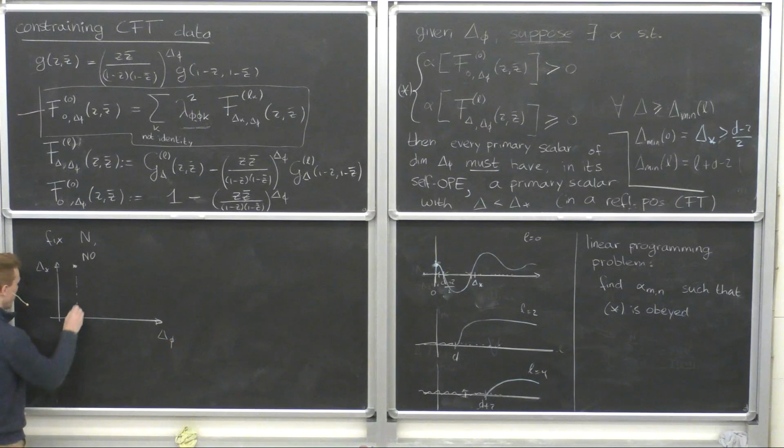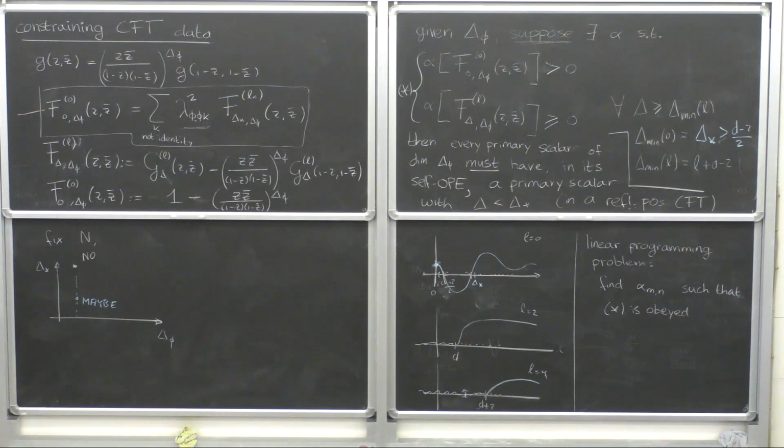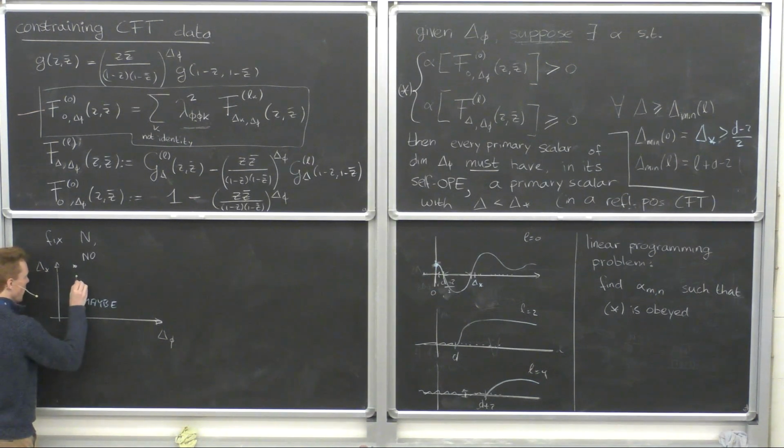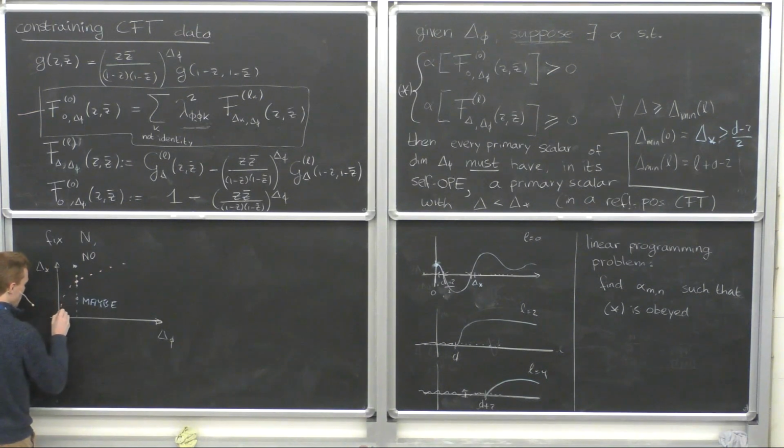And then you say, okay, good. And then you lower delta star, and the computer says, here I cannot find a functional with the n that you gave me, so it's a maybe. It's not a yes, because I have a finite dimensional constraint space. Then you just do this binary search up until, for fixed n, you find some optimal value delta star. And then you repeat this game for a bunch of values of delta phi, and you get some plot like this. It looks a bit like this.